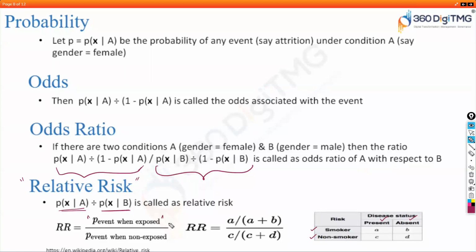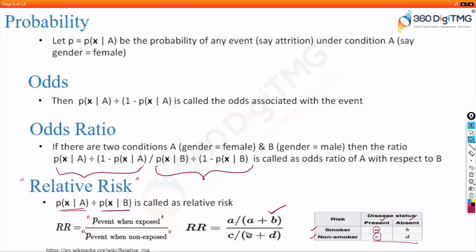Probability of event when exposed means the probability of an event where someone is a smoker, which is A divided by A plus B. And the probability of event when not exposed, rather, is non-smoker divided by overall disease present or absent.